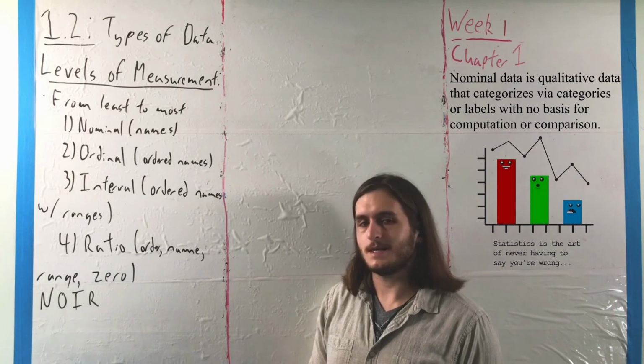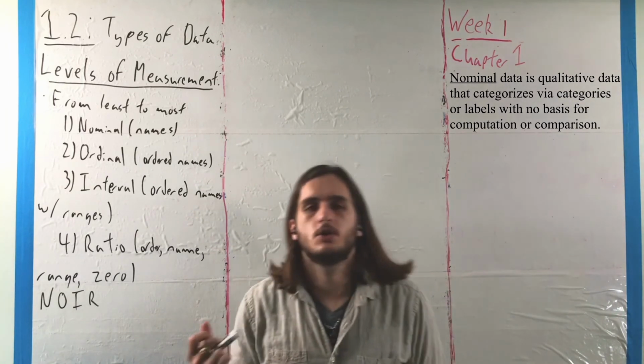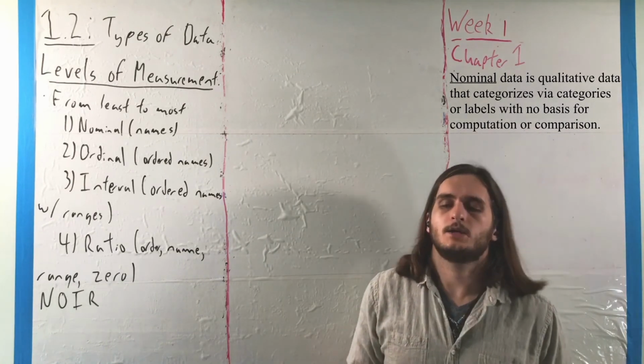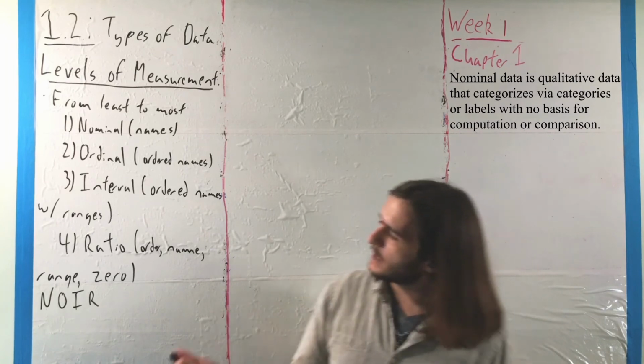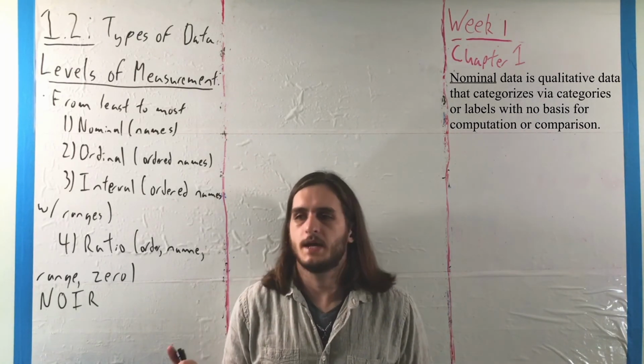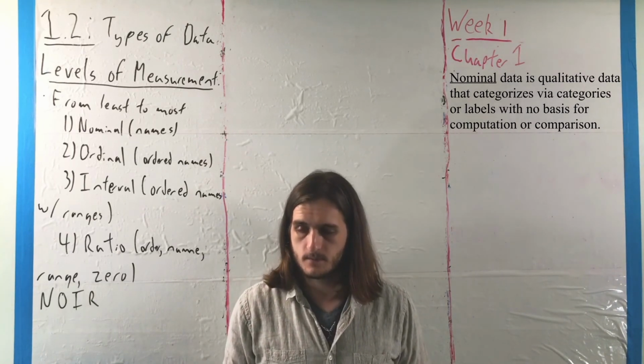It means we're looking at names. That is, when we look at nominal data, we're just looking at labels. There's no value attached to that. There's no comparison attached to that. It's just a thing. We can think of nominal data as being purely qualitative.